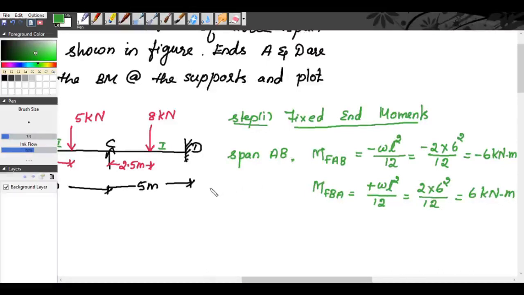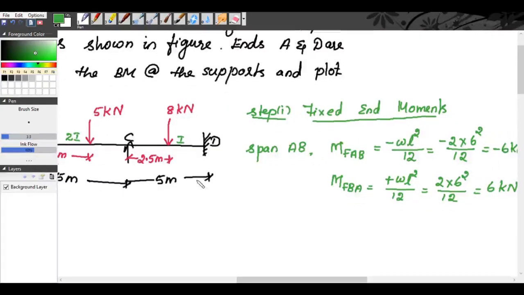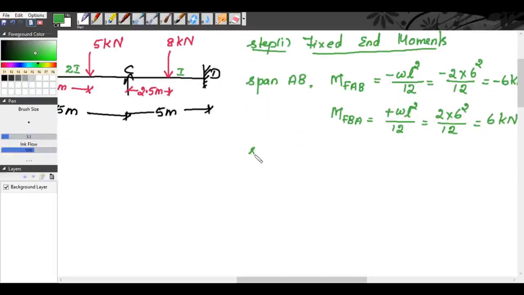Now we will consider the span BC. BC is 5 meter long. It has a concentrated load of 5 kilonewton at a distance of 3 meter from B. So for the span BC, the fixed end moment MFBC is equal to minus WAB square by L square.